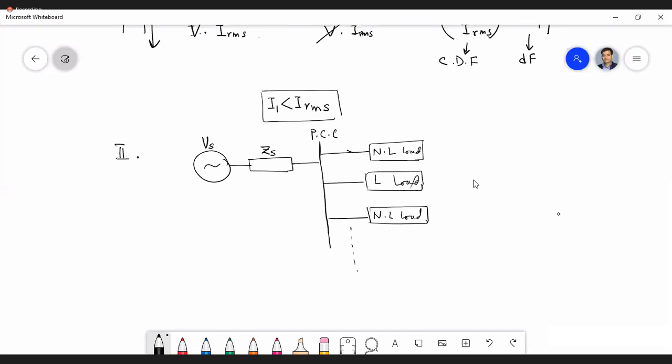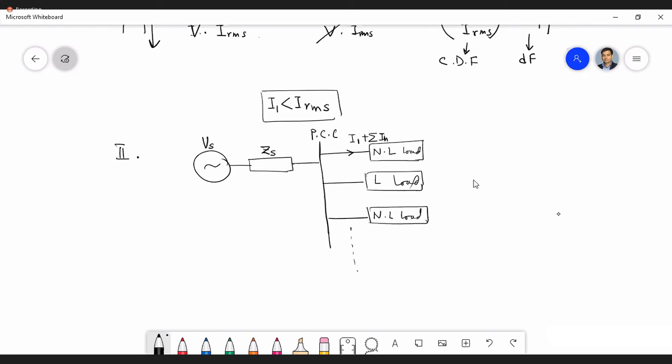Now suppose this particular load is taking some current which consists of some fundamental as well as some harmonics. So all these harmonics are considered as a summation of IH, and the fundamental is I1. This particular nonlinear load is taking this current.